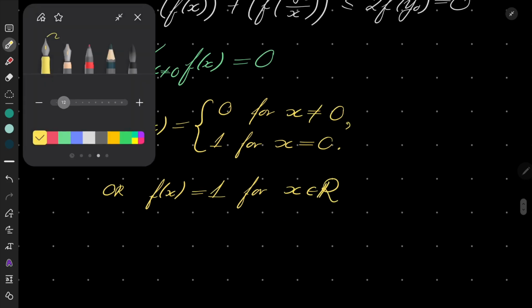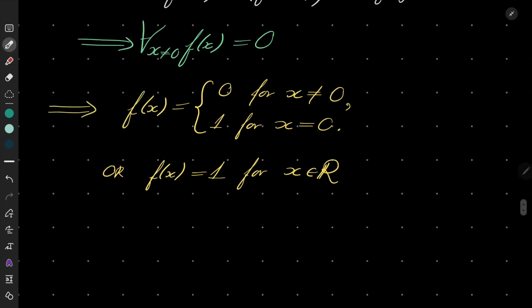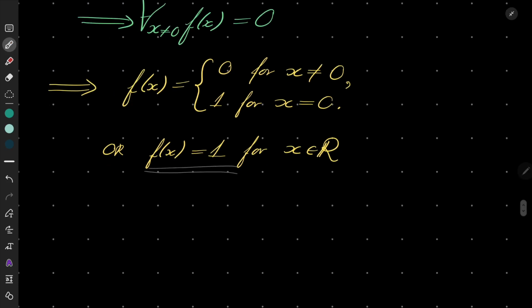The second function, namely the one which is constantly 1, obviously satisfies our condition.